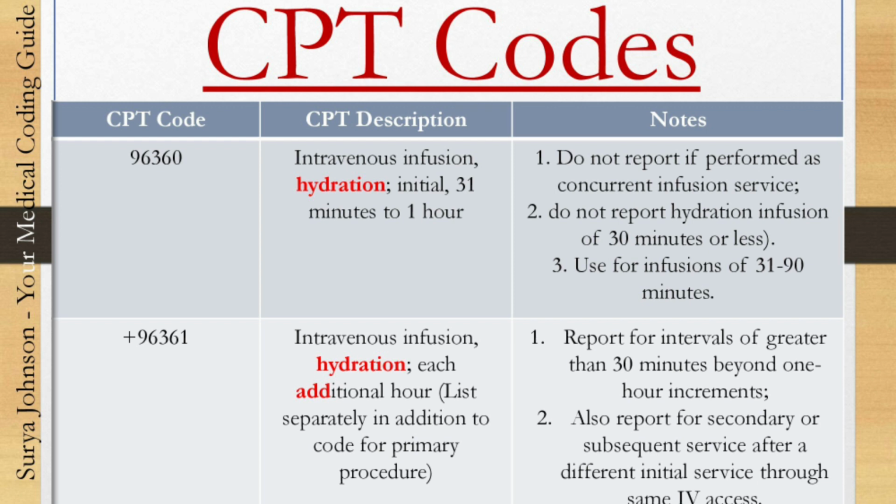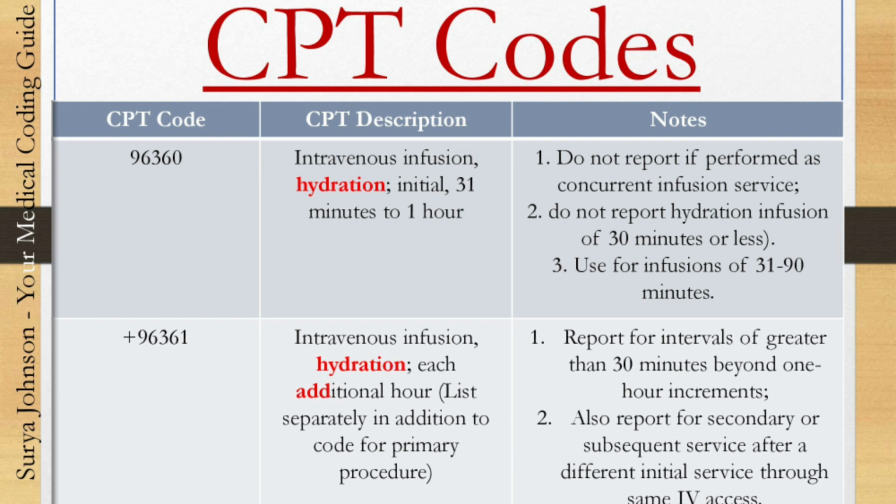Okay, let's get into the description. The 96361 description is intravenous infusion, hydration, each additional hour. It means the same hydration therapy, but for each additional hour. So what is each additional hour? Let's see the notes. We report this for intervals of greater than 30 minutes beyond 1 hour increments.